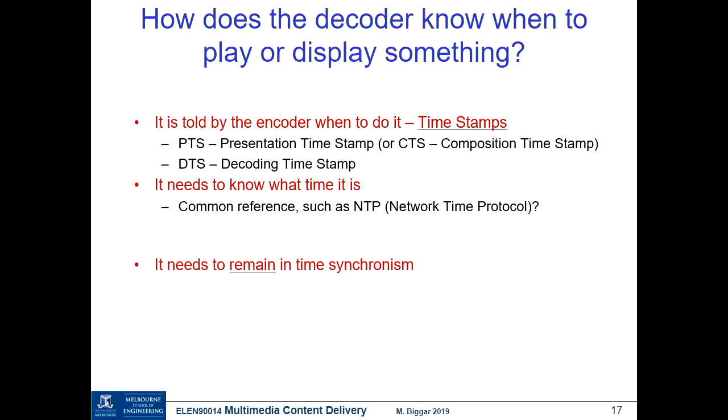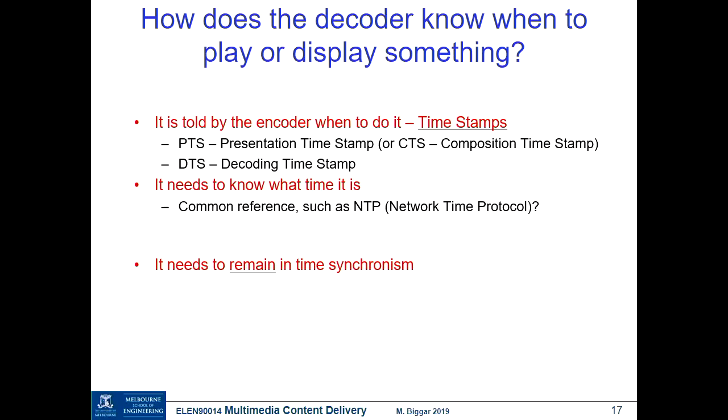How do we know what the time is? Well, we could look for a common reference. In the internet world, there's NTP, Network Time Protocol, which attempts to allow different devices to synchronize, but it's only accurate to about 100 milliseconds or so. It's to allow us to automatically get the actual wall clock time for our laptops and our tablets and so on.